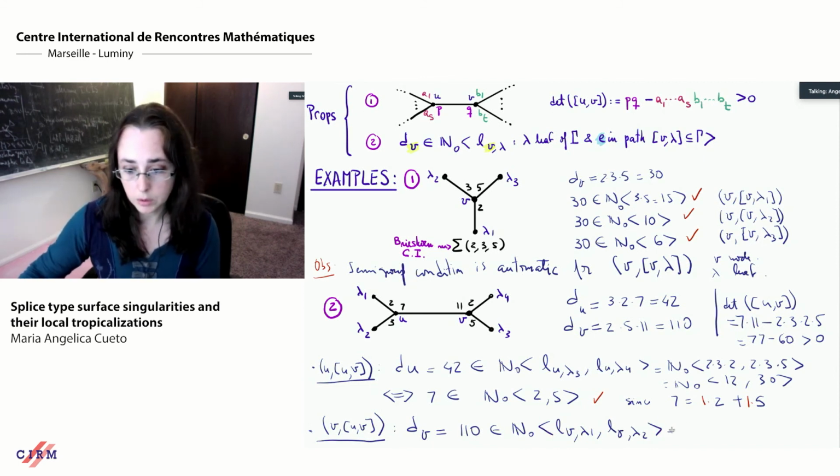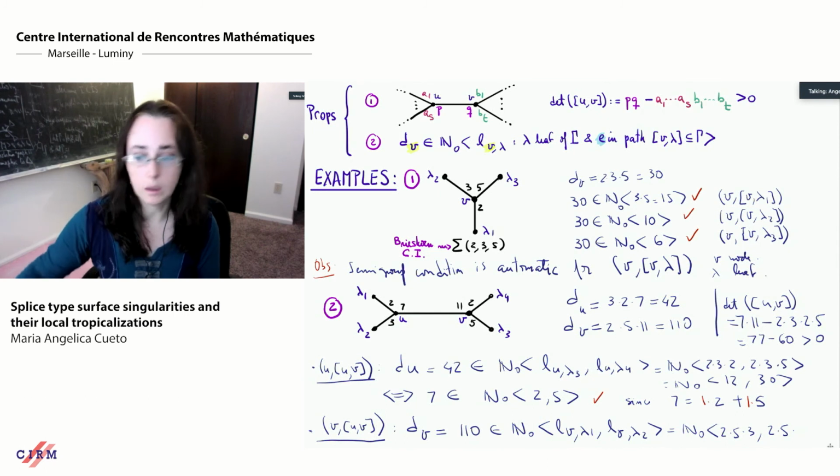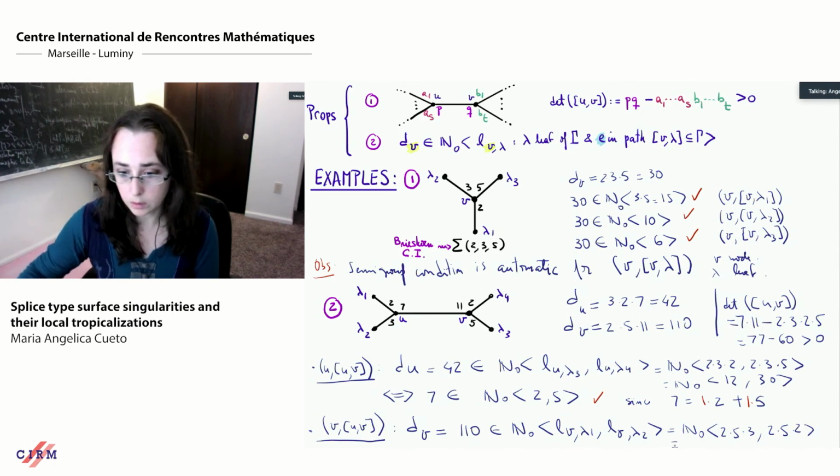And in this situation, the linking number is going to be 2 times 5 times 3. That's going to give me the first of the two linking numbers. And then the second one is 2 times 5 times 3, times 2. This is going to be 30 again and 20.